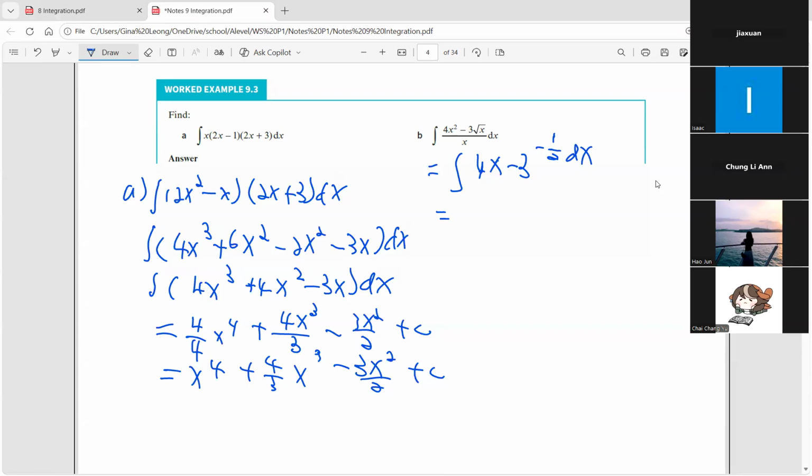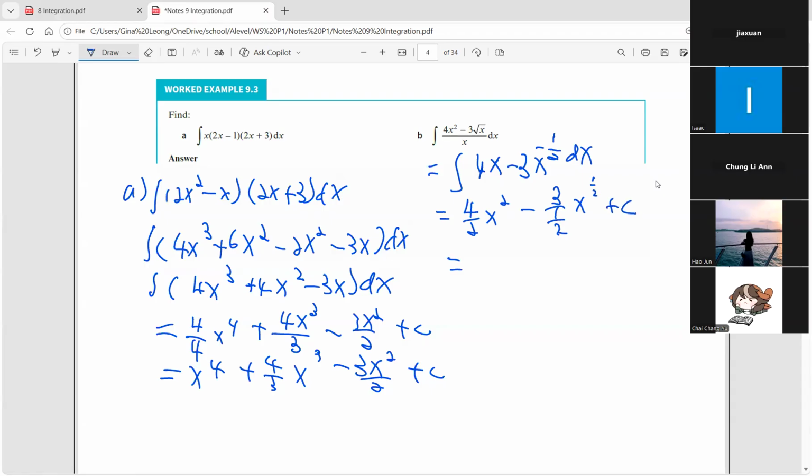So when you haven't started to integrate, you have to put the symbol. So now we start to integrate. So minus half plus 1, so 1 over 2, then x to the half, plus c.